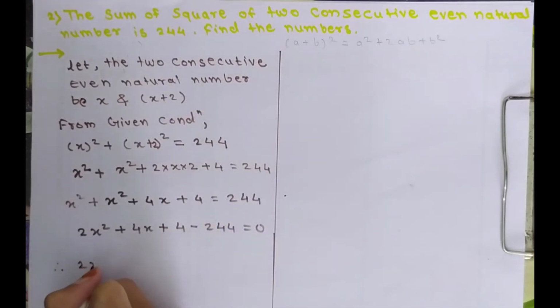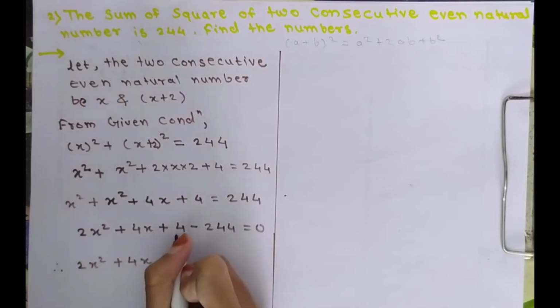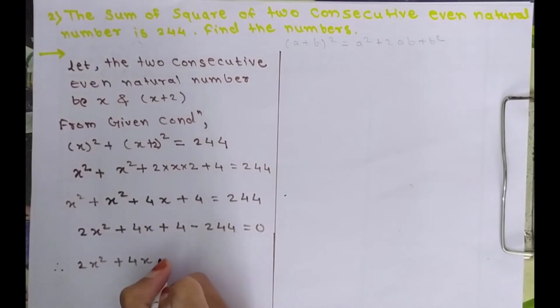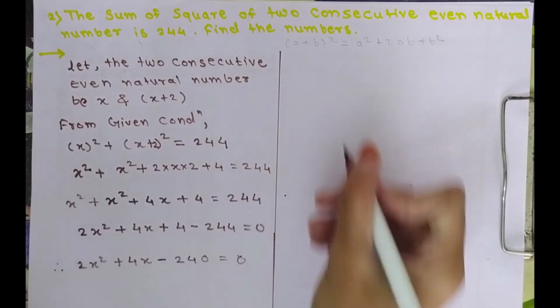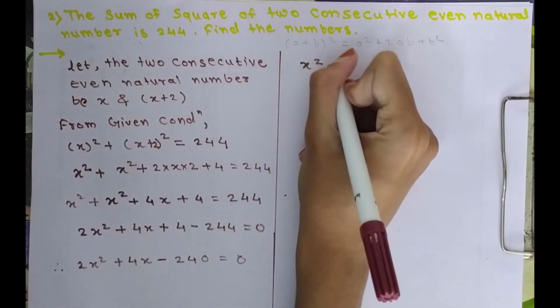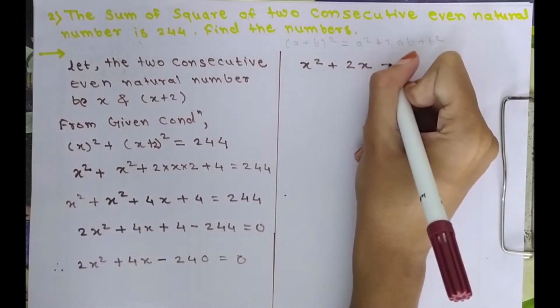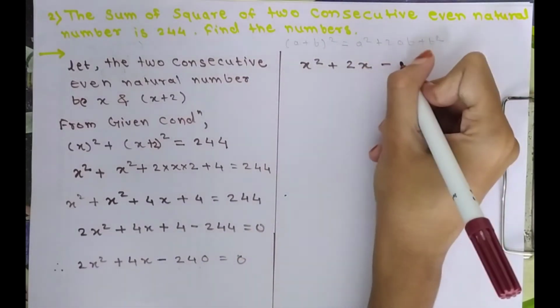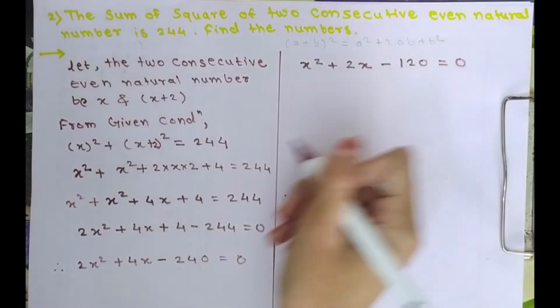Therefore 2x square plus 4x plus 4 minus 244, which is minus 240, is equal to 0. So divide this by 2. When we divide this by 2, then x square plus 2x minus 120 is equal to 0.